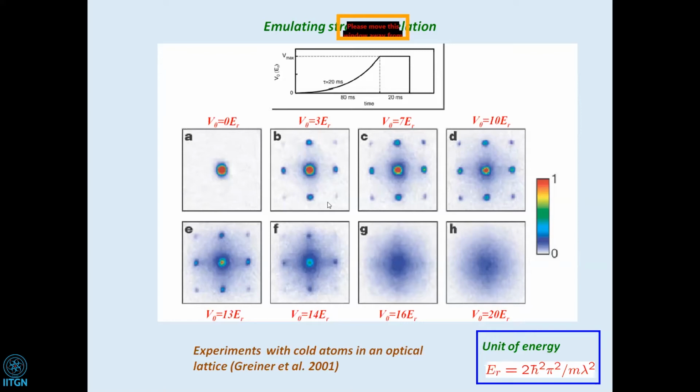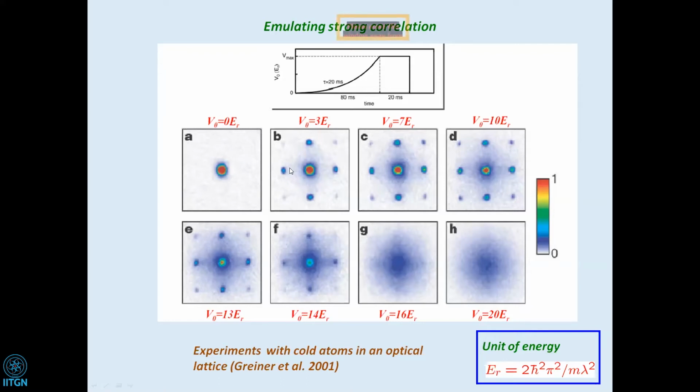Gravity is negligible, so it's basically a free flight. In that way, the position distribution on the screen is the same as the momentum distribution of these atoms. Therefore, if you have zero potential, it's in a BEC state, which means it's at k equal to 0, and it occupies the central part of the screen.